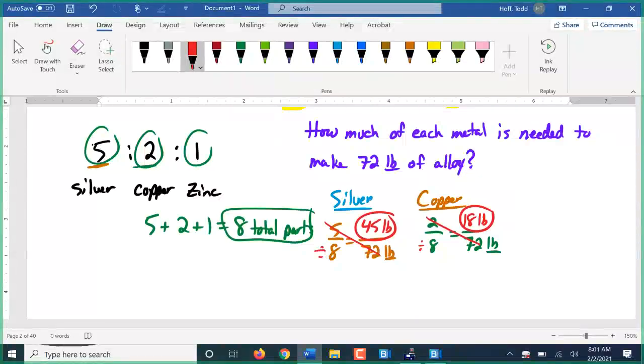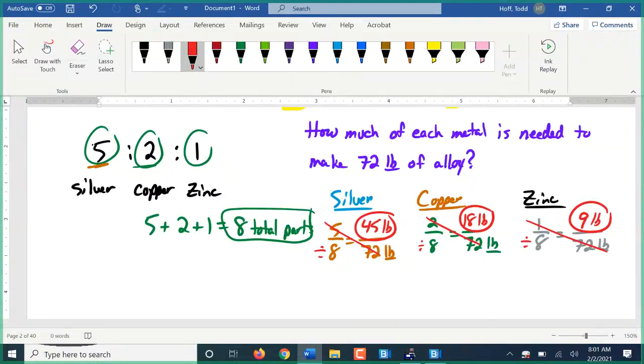And then finally we have the zinc. Zinc is 1 out of the 8 parts. How much is that out of 72 pounds? 1 times 72 divided by 8 is 9 pounds of zinc. That should add up to the 72 pounds total.